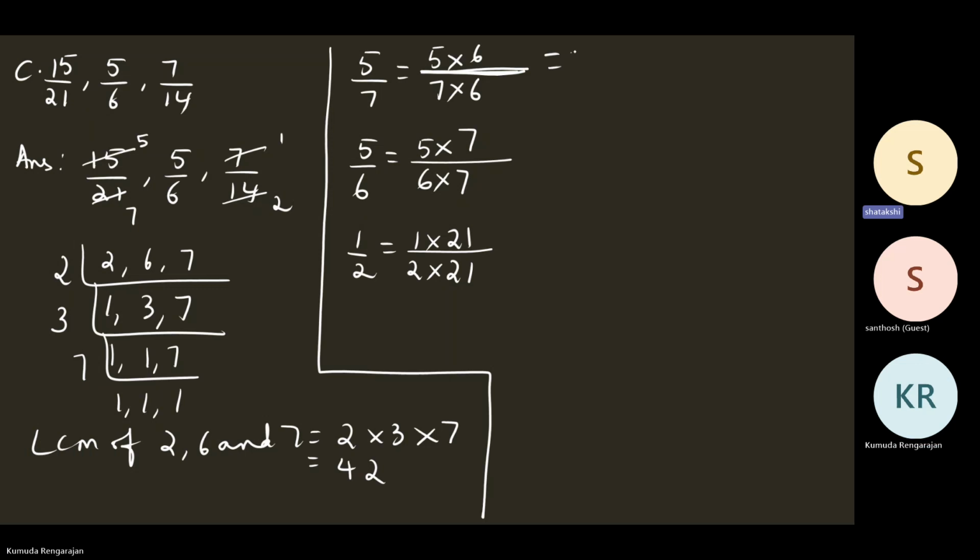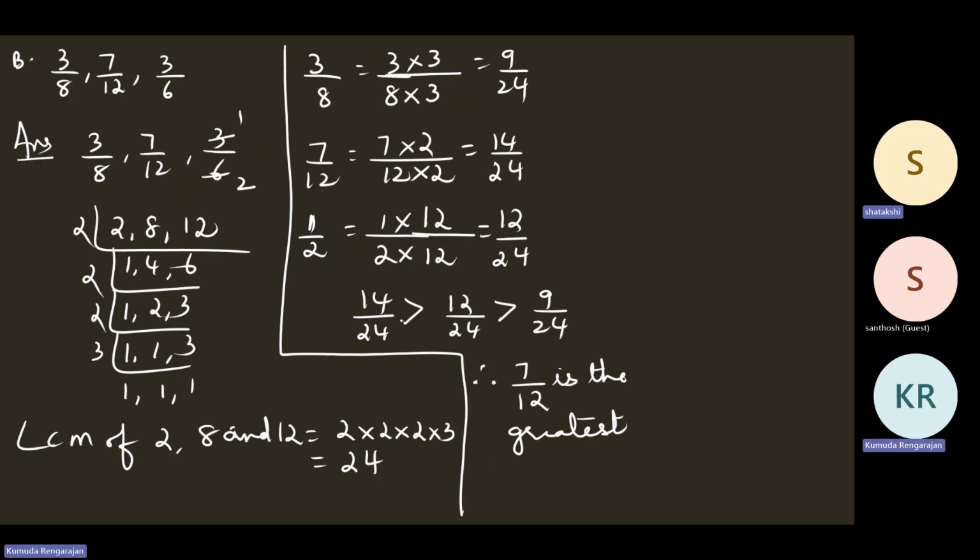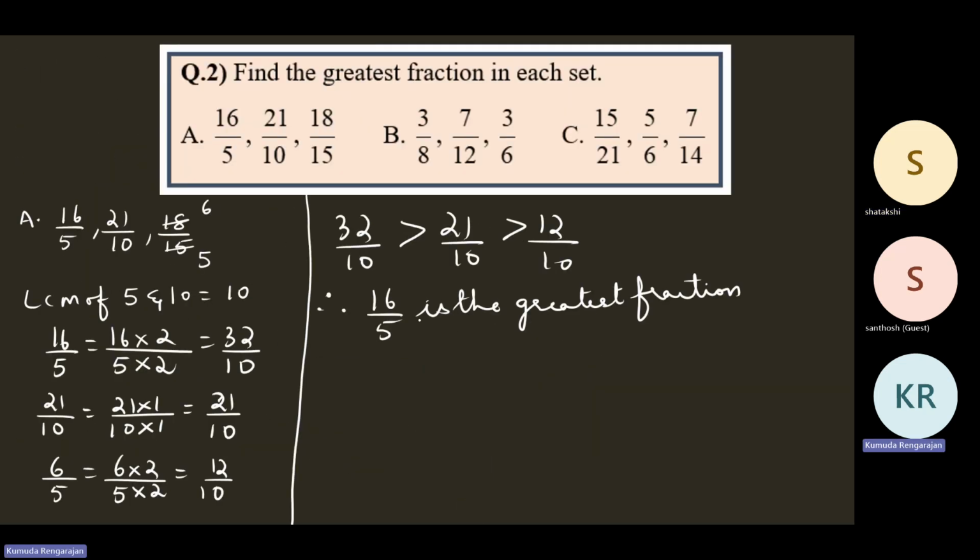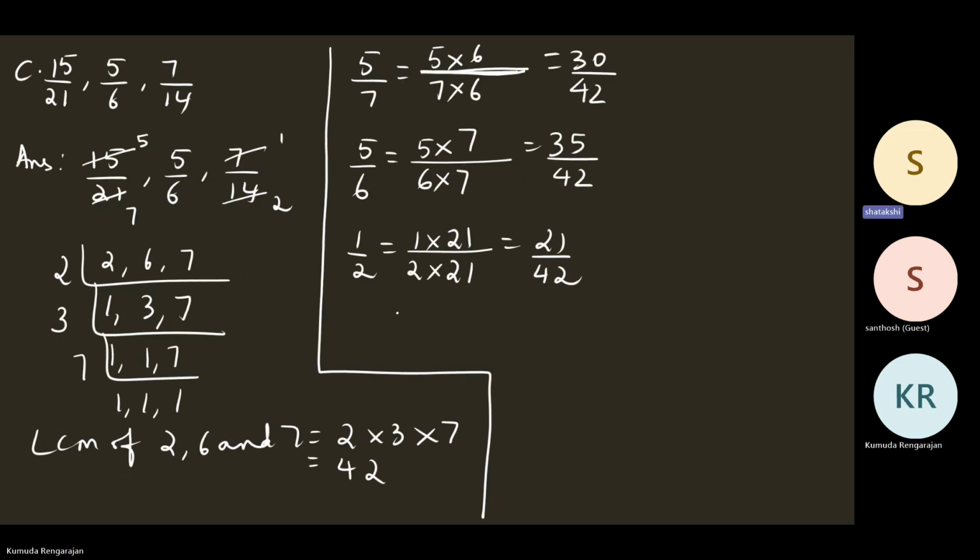So now 30 over 42, for the second one 35 over 42, and for the third one 21 over 42. That's it. Find the greatest fraction in the set.